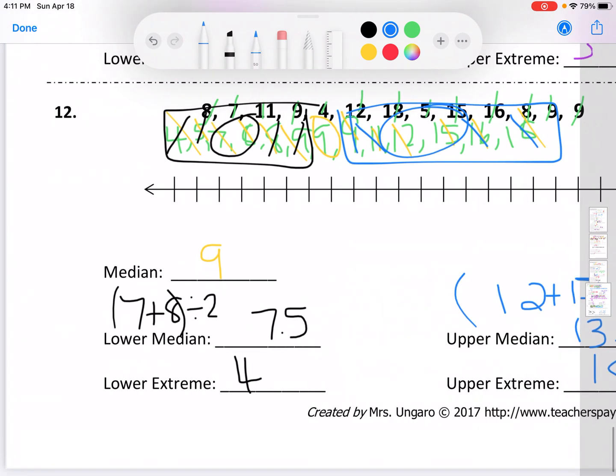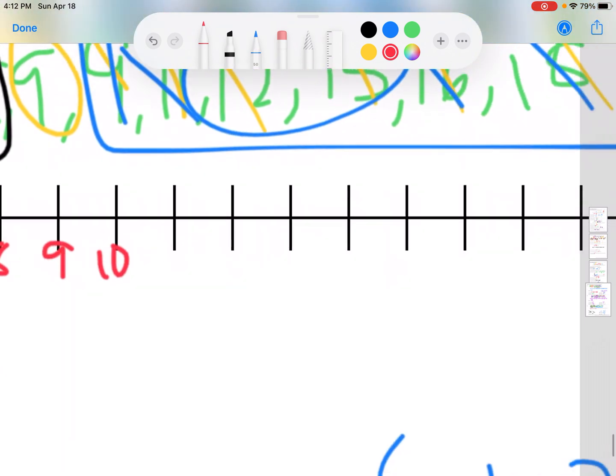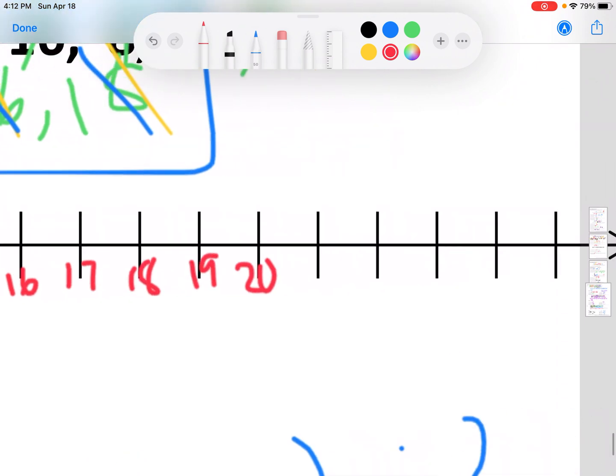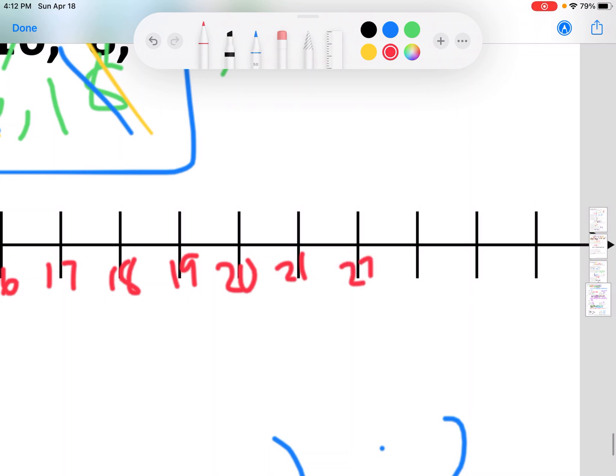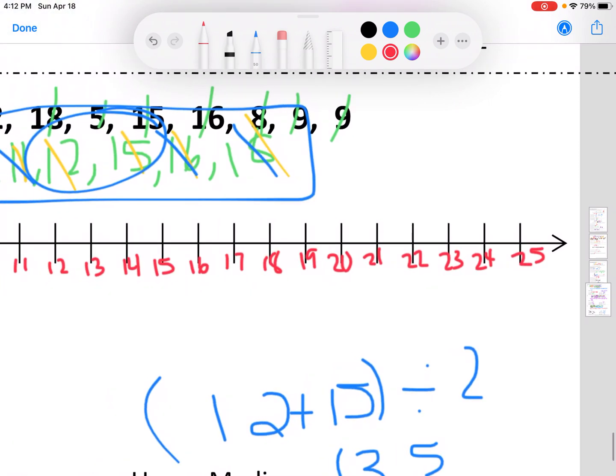So now I'm just going to number the number line. I'm going to plot my points.